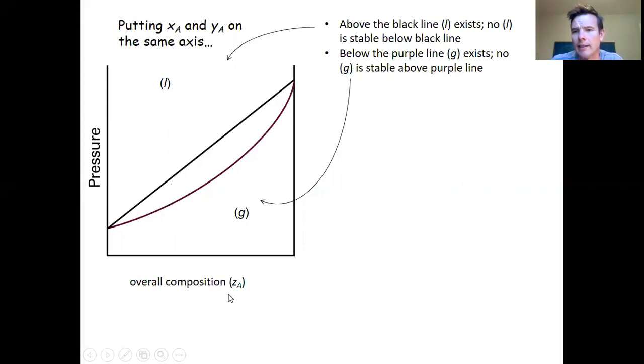We usually call this Z sub A. Again, above the black line, we have liquids, and there are no liquids anywhere below the black line. Below the purple line, I have gases, and above it, there are no gases which are stable.